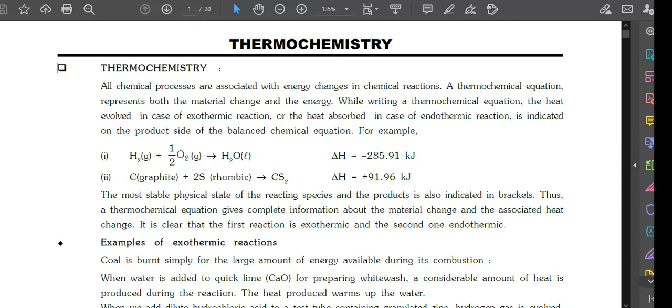So these are all the factors which may lead to the change in energy. Got it, everyone? So we will study all the changes, and because of these, there might be different types of enthalpies.